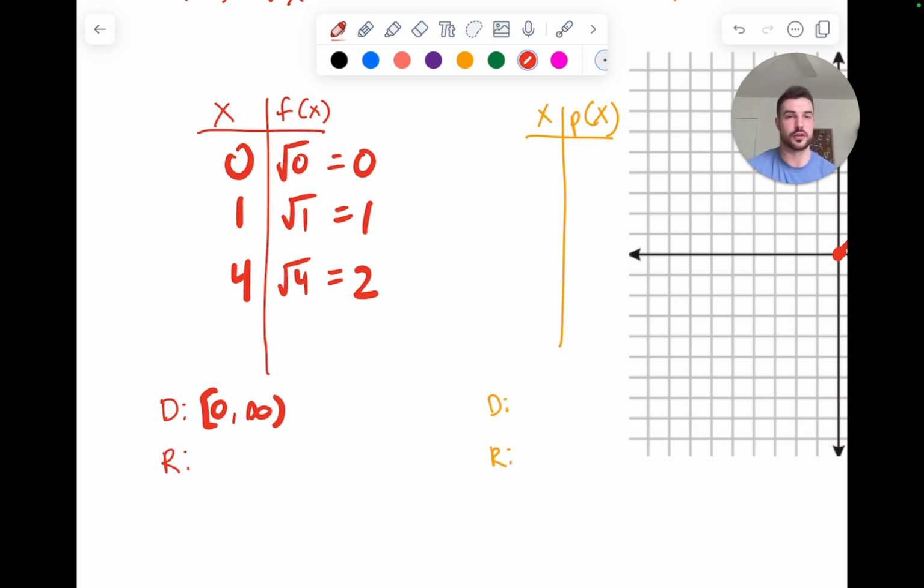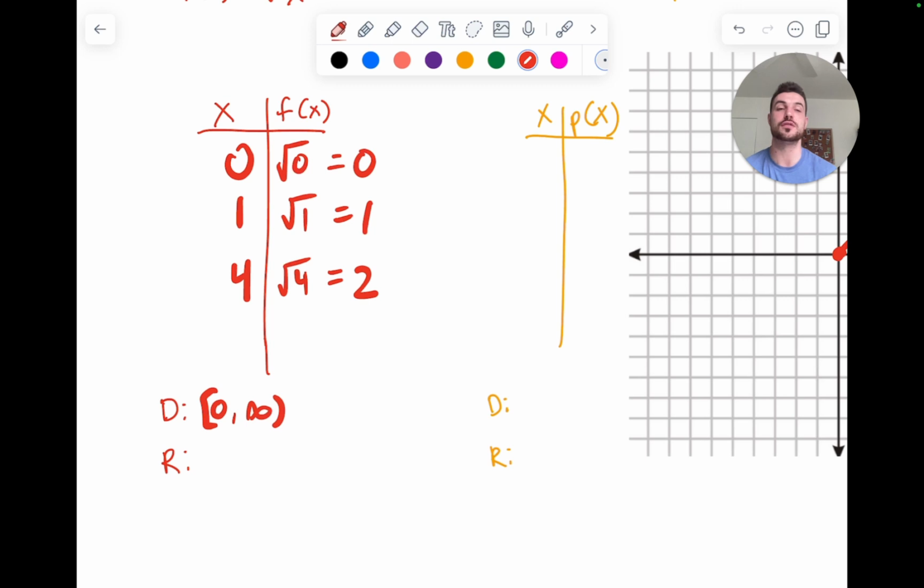The reason we're doing 0 to infinity is technically we can plug in any positive number we would like. Like we tried before, we could plug in the square root of 2. Now, 2 wouldn't be a great number because the square root of 2 is an irrational value, but technically we could estimate that on our graph and could theoretically plot where that is going to be. So all positive values and the number 0 are going to be included in our domain.